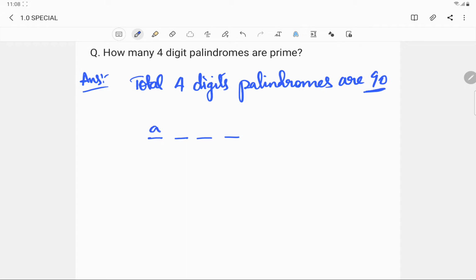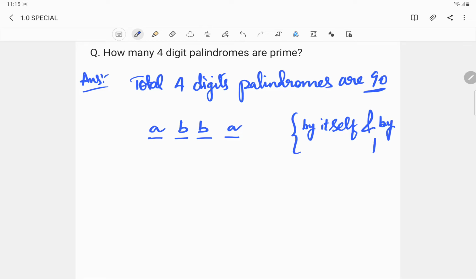Now a typical palindrome will be in this way: A, B, B, A. A prime number means that the number will be divisible by itself and by 1.